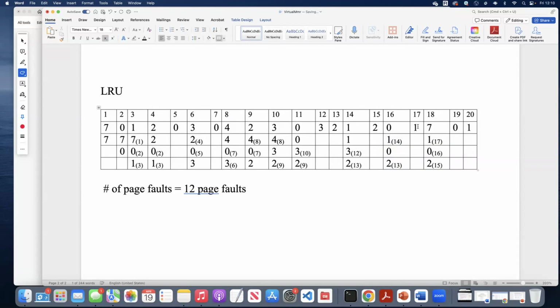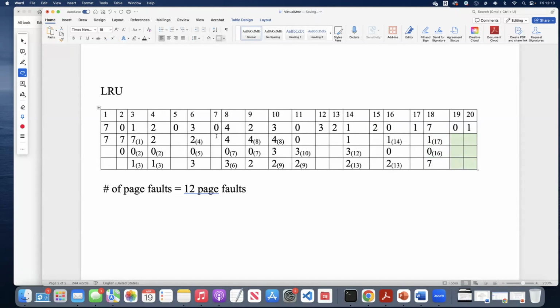So now page 2 is the victim page. It hasn't been accessed for the longest period of time compared with page 1 and 0. So we bring in page 7. And then page 1 and 0 are both in the memory, no page fault.